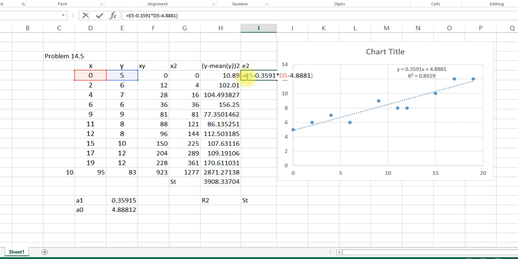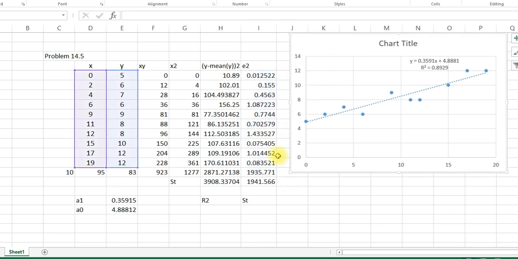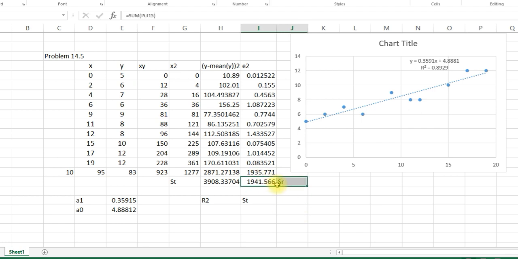So this is error, and then I am squaring it, so this is error square. Okay, and I need SR, so SR will be the sum of this. So this is basically SR.